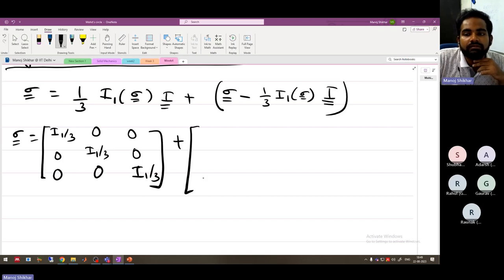And the second will be sigma xx minus I1 by 3, and so on.